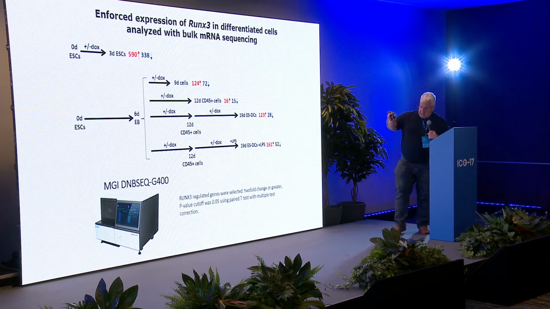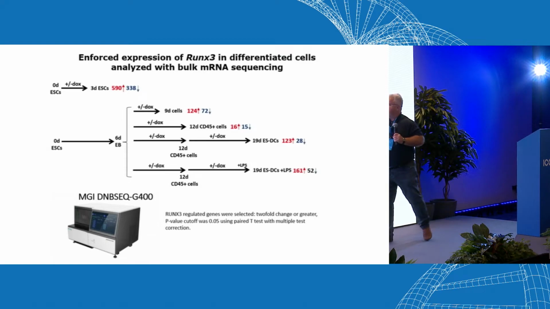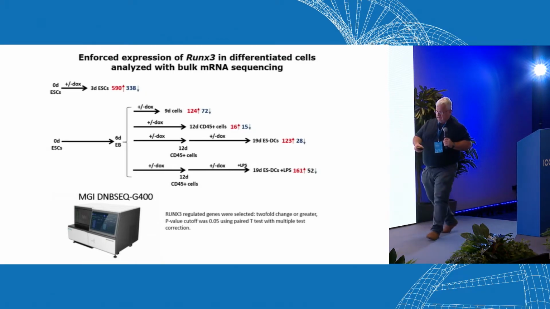Because we previously established that both technologies give good results, in this case we used the cheaper MGI DNBSEQ sequencing. You can see that even upon differentiation, some of the genes were positively or negatively regulated, but fewer genes were detected in differentiated cells.